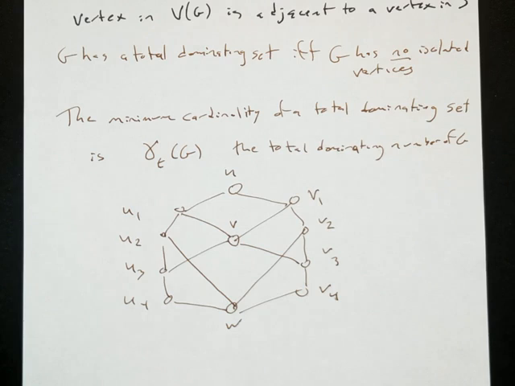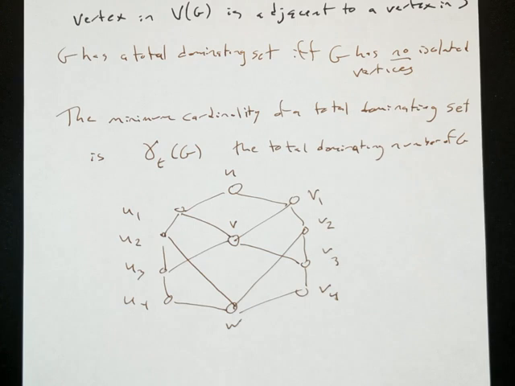All right, wait a minute. If I pick any vertex in this graph as part of a total domination set, I must pick one of its neighbors in that same total domination set. If I pick V, I have to pick U1, V1, U3, or V3.